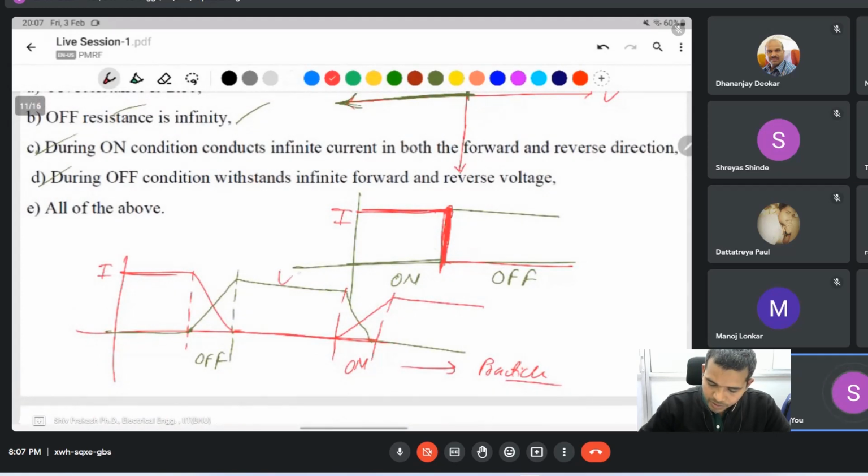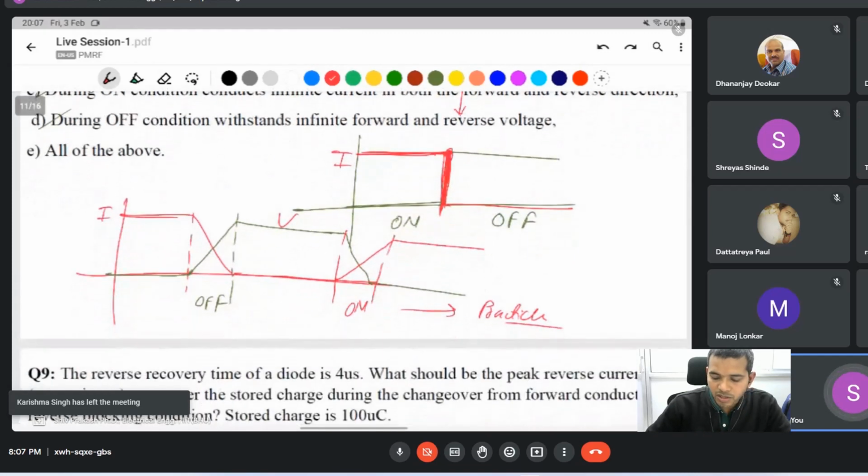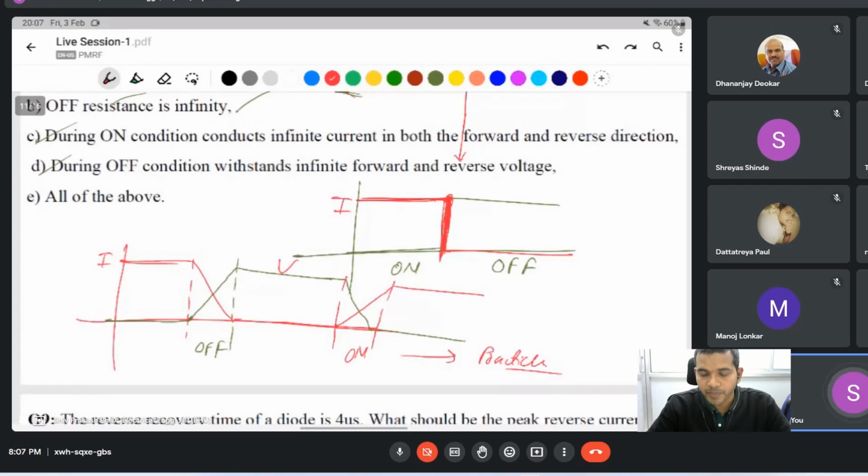Here is the current and voltage waveform. Here the switching losses are found from the current and voltage during switching.